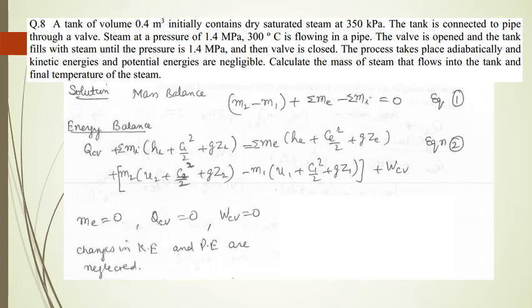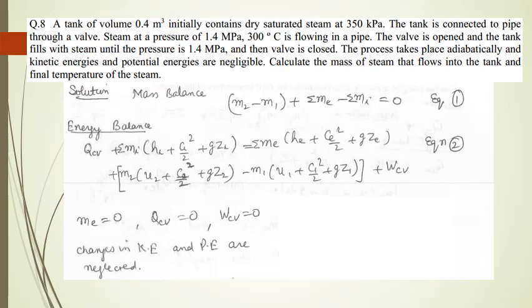Now this is also a question of a uniform state, uniform flow process, as it is the question of charging of a tank, meaning filling of a tank. In this case, the tank contains some steam initially, with pressure 350 kilopascal, and the steam is dry saturated, having dryness fraction of 1.